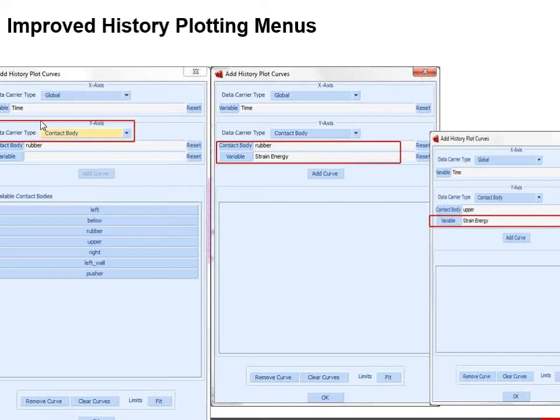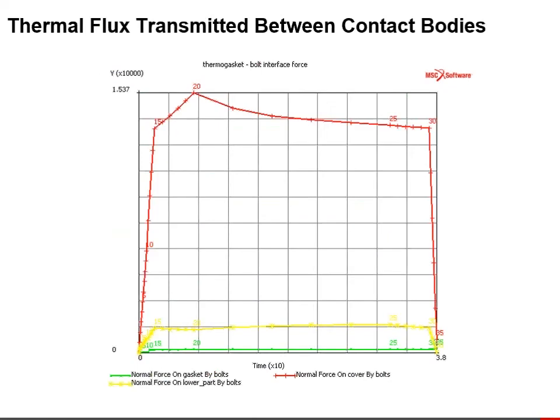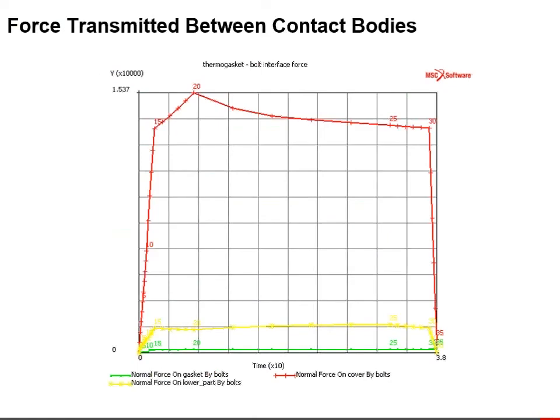And in this example, we show the strain history, the strain energy, but we could do other things as well. And in particular, one that was asked for a lot was the thermal flux between bodies and the force between bodies. And we can also look at things like the contact area between the two bodies.